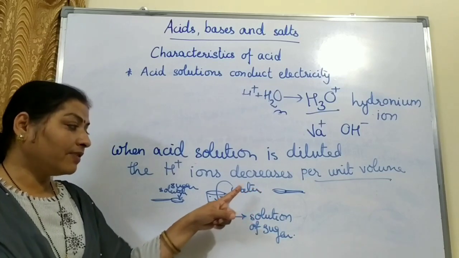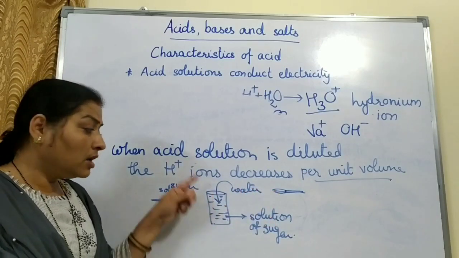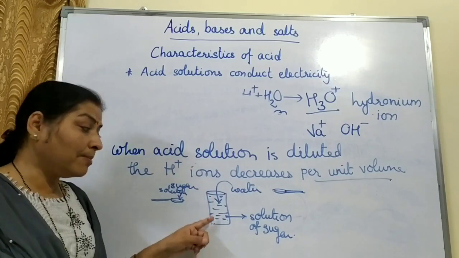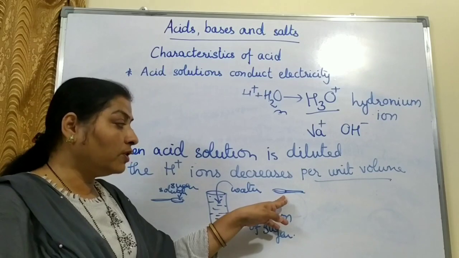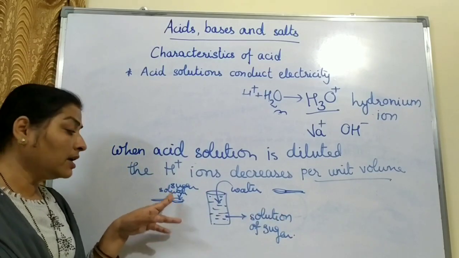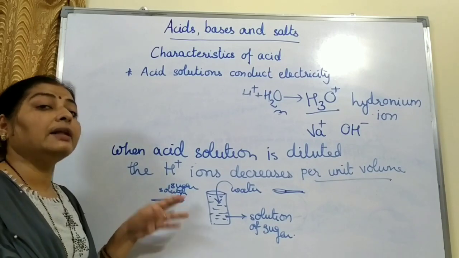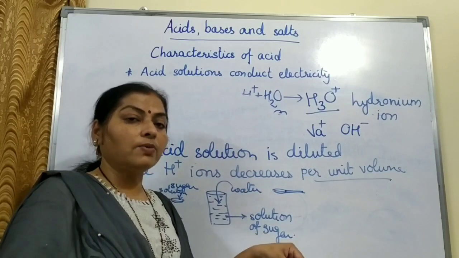Why will it be less sweet? Is the amount of sugar changing in this glass? No. The amount of sugar is the same, but the amount of water has increased. So the earlier spoonful contained more quantity of sugar. Now this spoonful will contain less quantity of sugar.